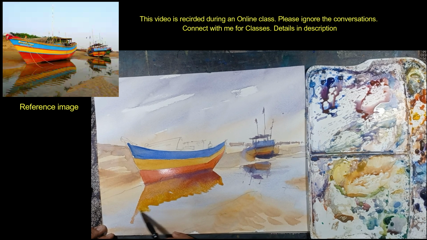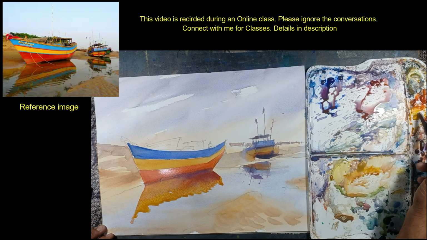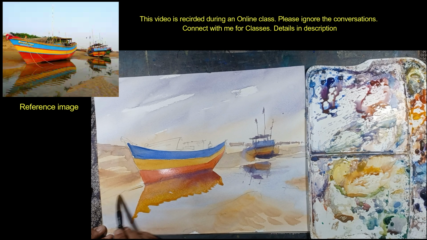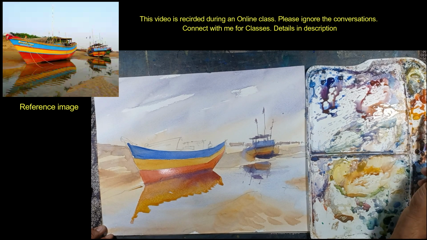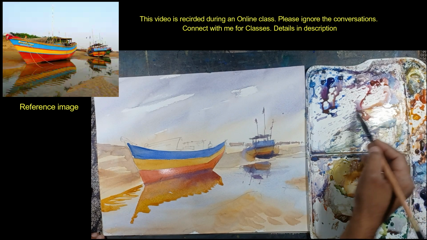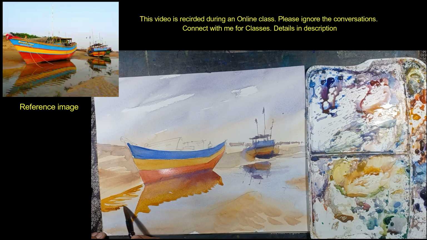I am using this yellow color here, a mixture of yellow and orange, on this portion. On the edge, if you see, there are yellow ripples, not reflections, yellow color ripples, and a little bit of crimson mixture here. See, like this.